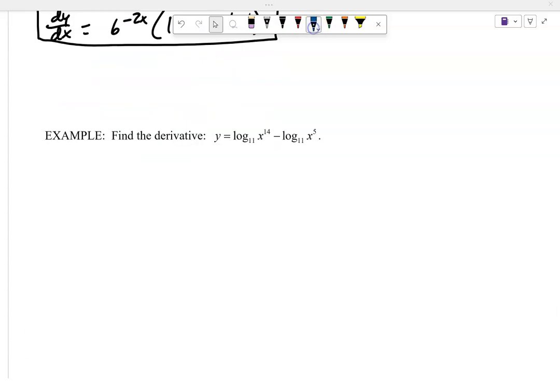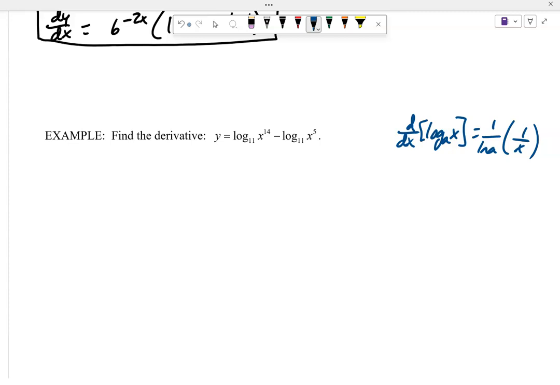I'm going to use this derivative of log base a of x, which is 1 over ln of a times 1 over x. So we'll use that rule.